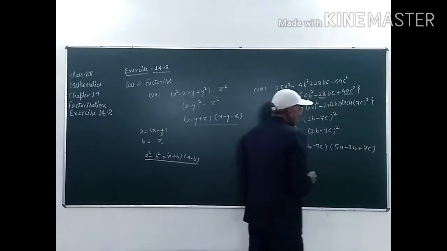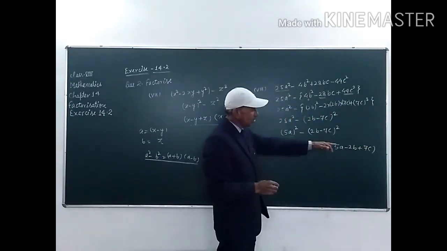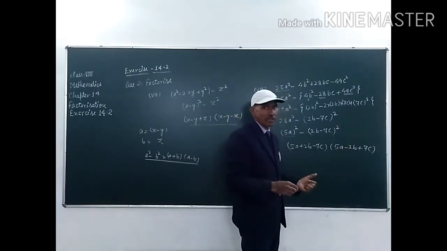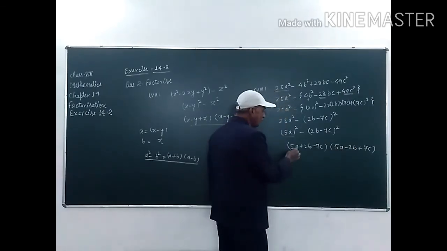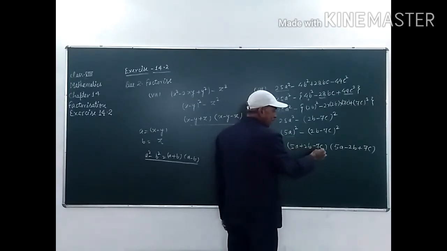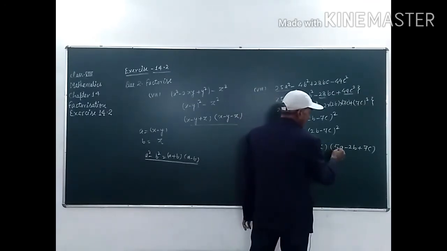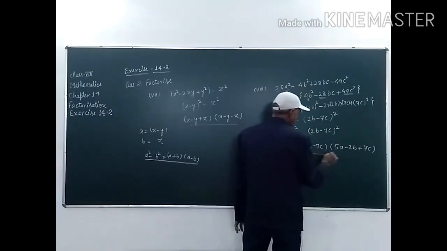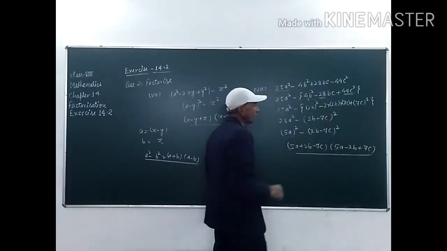In this, negative will be positive and positive will be negative, because we have multiplied here with negative sign. So it will be 5a plus 2b minus 7c and 5a minus 2b plus 7c, student. This is the answer of this part of the question.